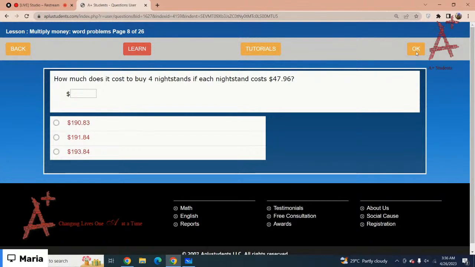It would be 191.84. Option number 2 is the correct option. Got it?